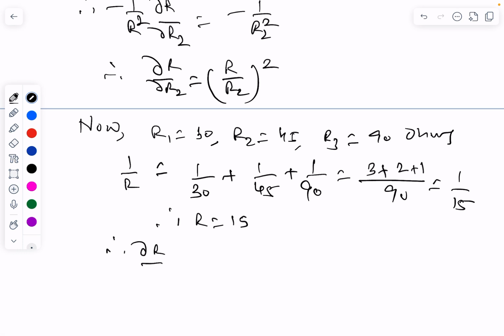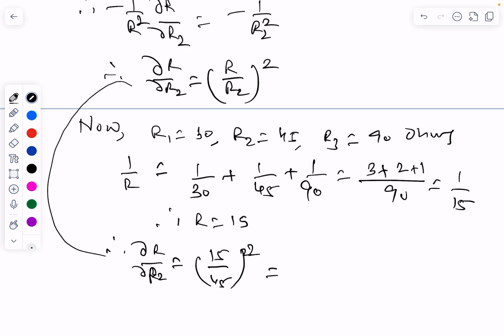Therefore, del R by del R2 is equal to 15 by 45, whole square, which is nothing but 1 by 9. Okay, thank you.